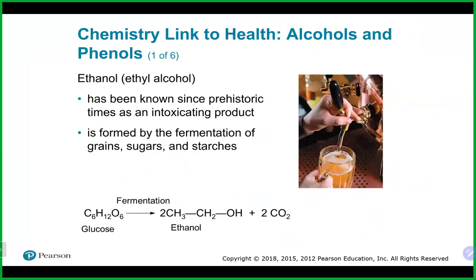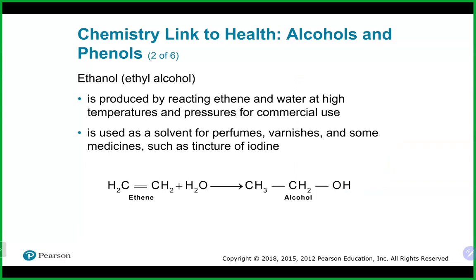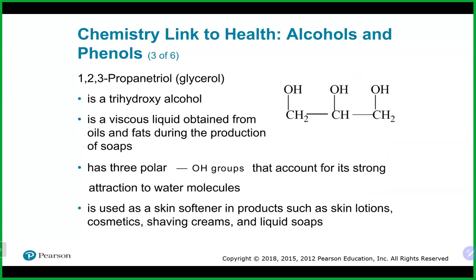All right. So ethanol, which is ethyl alcohol, can be made from the fermentation of glucose. It's the alcohol of alcohols, right? Here is glycerol, and glycerol is the main unit, as we'll see later when we get into some of the biochemistry chapters.